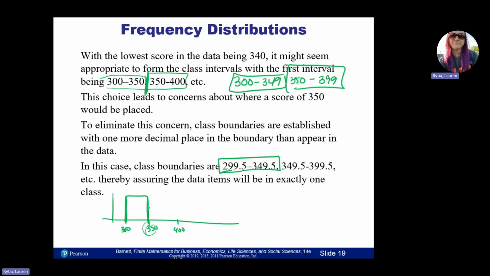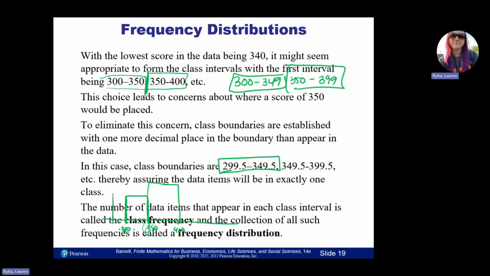So this value was counted in the next grouping. It's all preference in how you're making things. Our book likes to do it like this, just to help clarify where any value that's quote unquote shared, it actually goes.